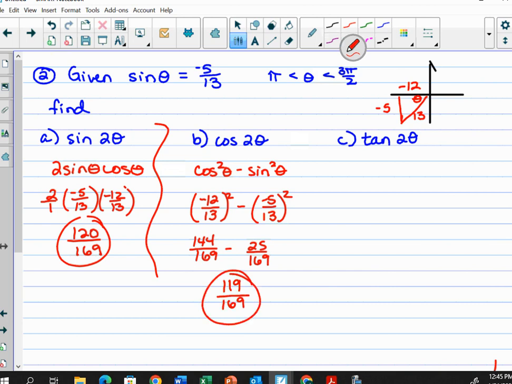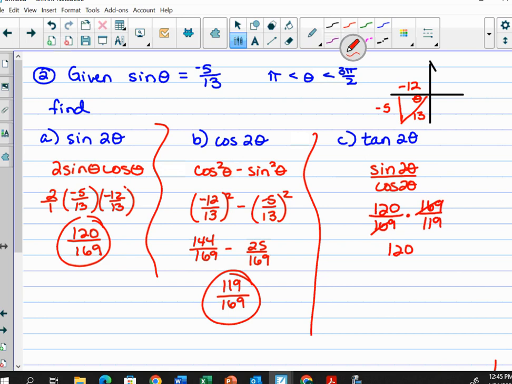All right, we okay on the first two? Okay, remember the third one, you can do the formula, or I could just do sine of 2 theta over cosine of 2 theta. That would be fine. Is that what you guys did? Or did some of you do the formula? Or did you do both, just for fun? Extra math fun? No matter which route you go, you should end up with 120 over 119.